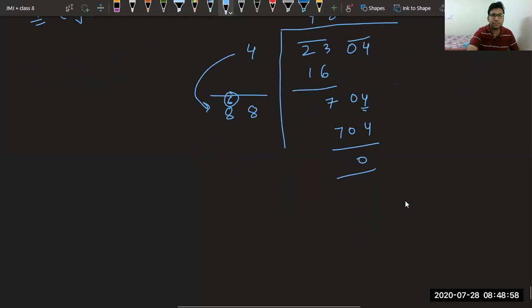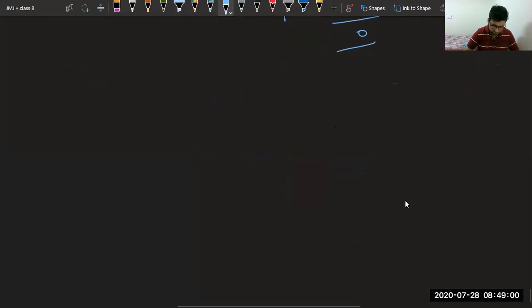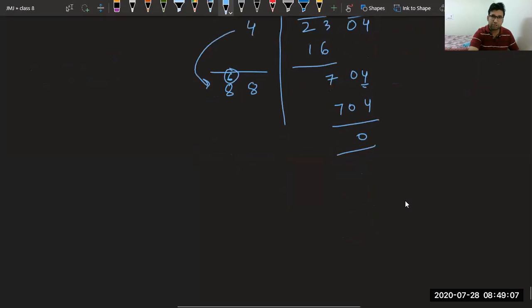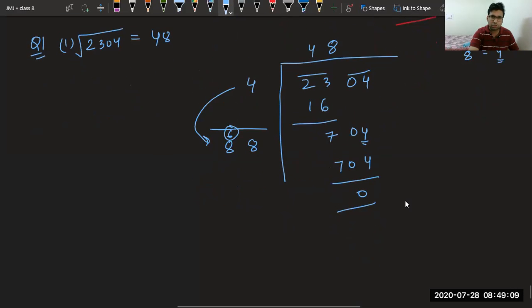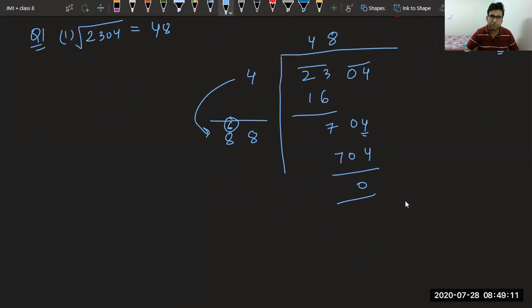Okay. Let's take the second part also. Doubt for Dev. After this, you can try all parts on your own. Sarah is saying, please repeat this question. We just had the number 2304. No, beta, just revise what you have done till now.